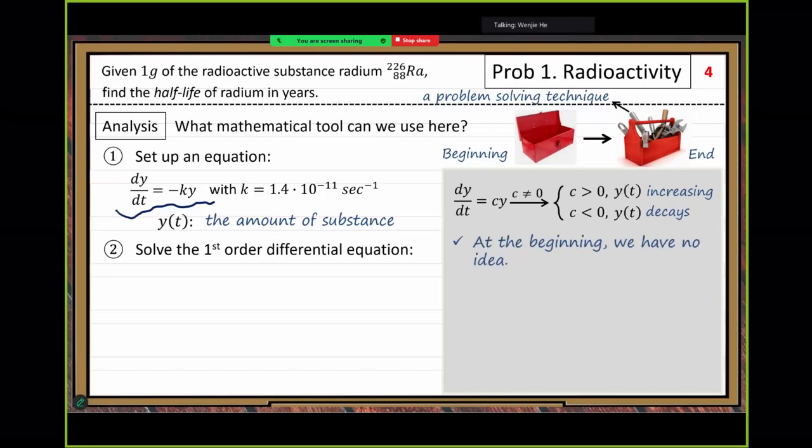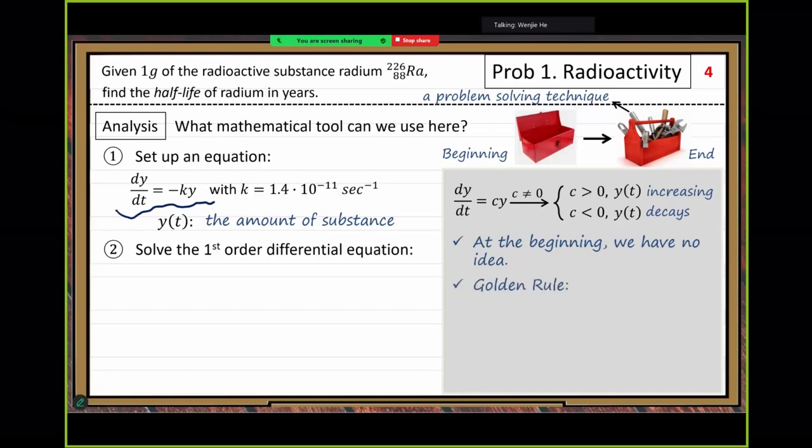Now, at the beginning, because our toolbox is empty, we have no idea how to solve it. So we need to apply some problem-solving strategy. Here, I introduce you to our first problem-solving strategy.